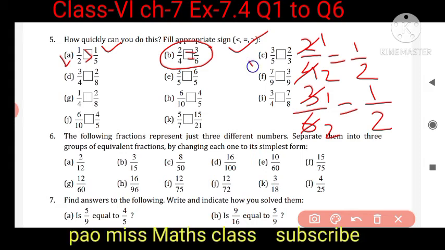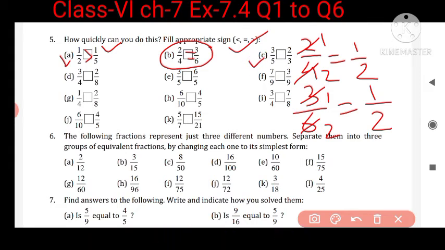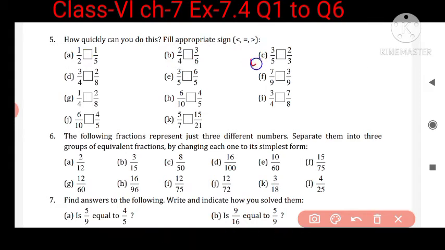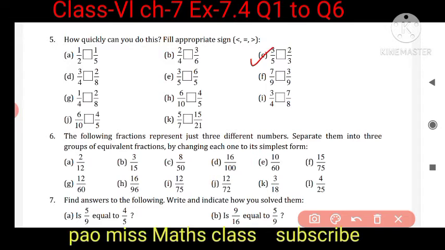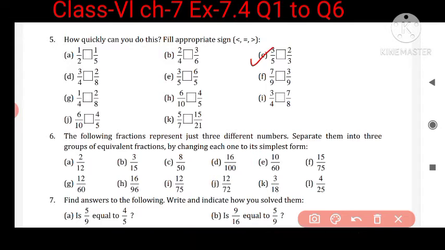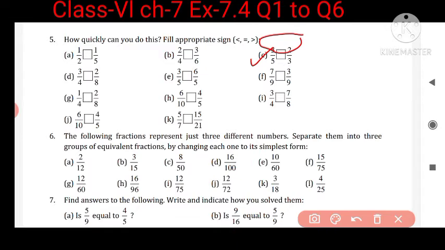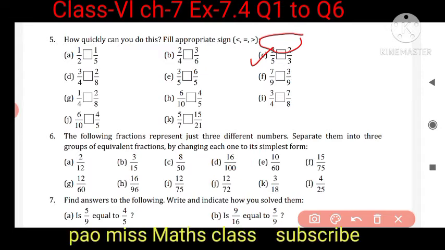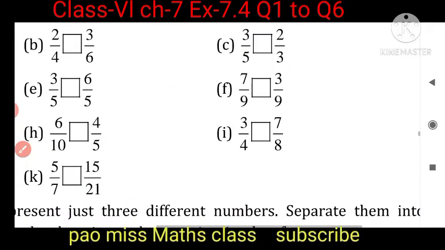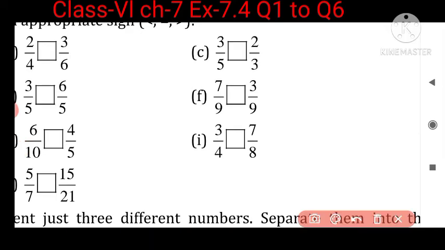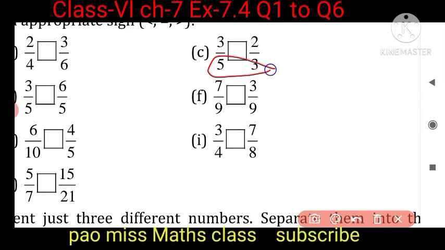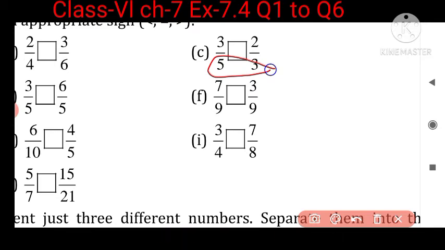Now C is given here, 3 upon 5 and 2 upon 3. They are unlike terms, not like terms, and their numerators are not equal. Then what you will do in this type of question is make the denominators equal.